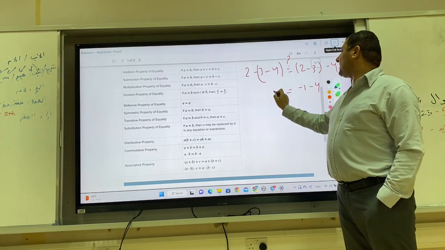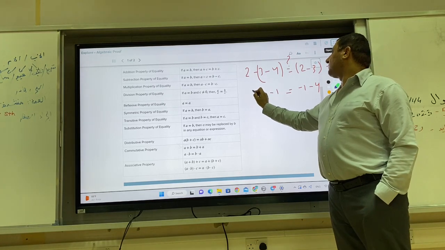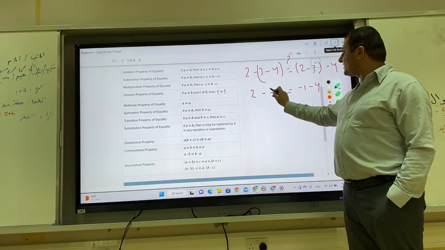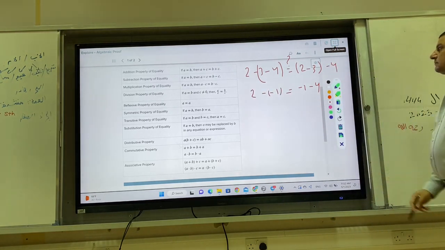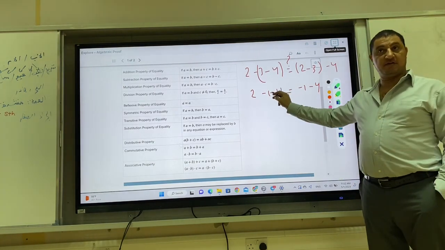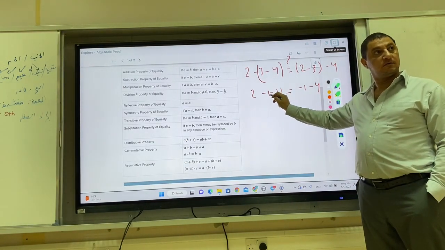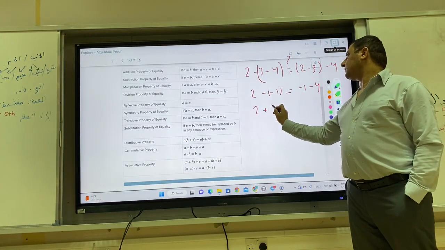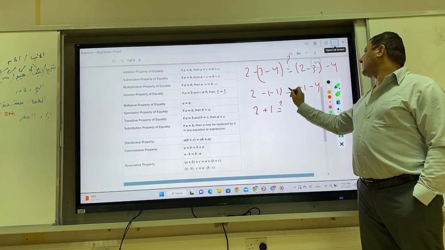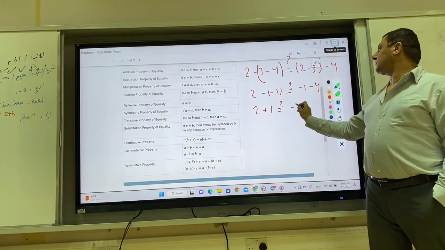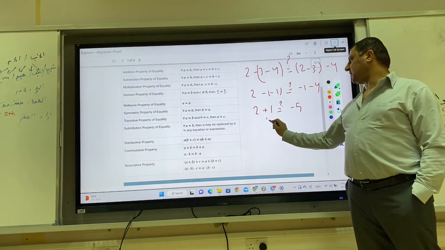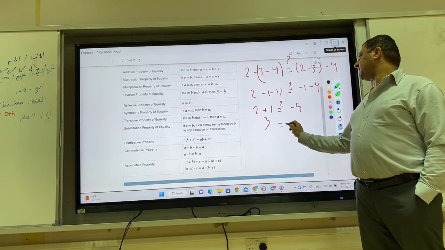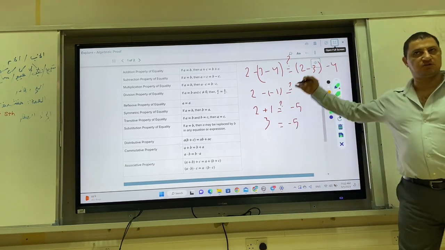And here, 3 minus 4 is negative 1, so 2 minus negative 1. Minus negative is the same as positive, plus. So 2 plus 1. Is it equal? Negative 1 minus 4 is negative 5, and this is 3. They are not equal.